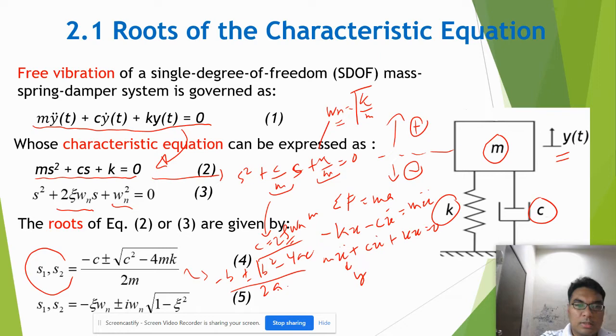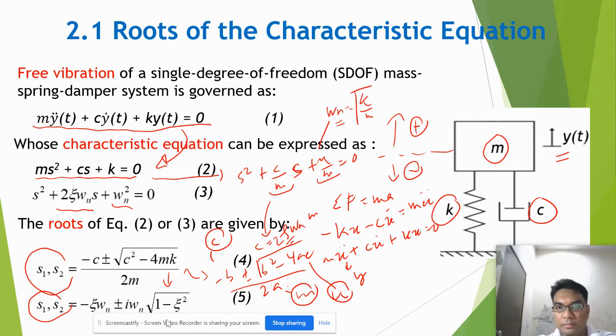Here a is represented by the mass, b is the damping, and c is the stiffness. You can also represent it in this form when you transform it to the natural frequency and damping ratio.